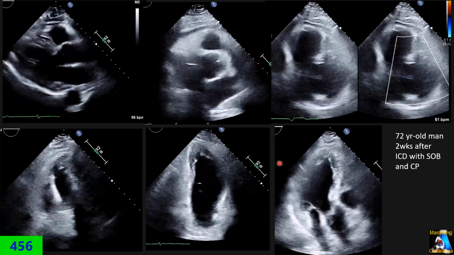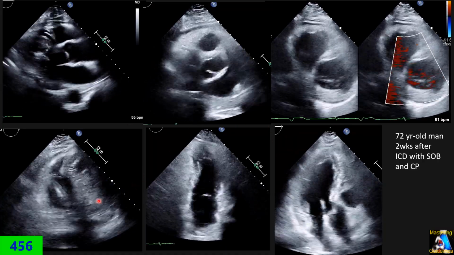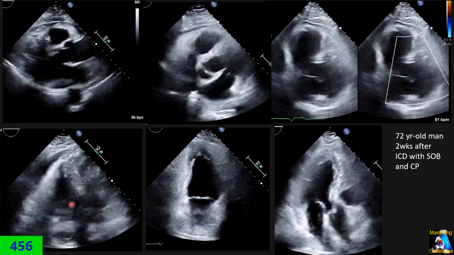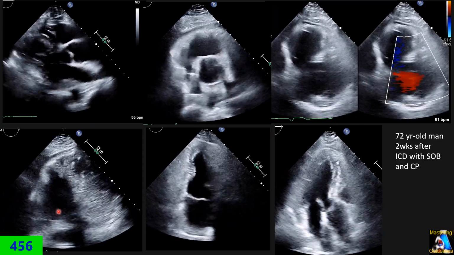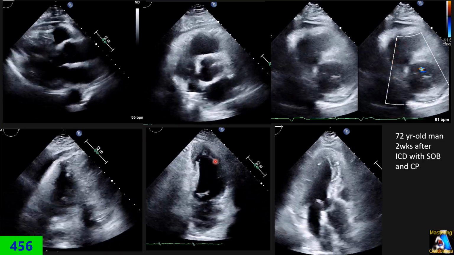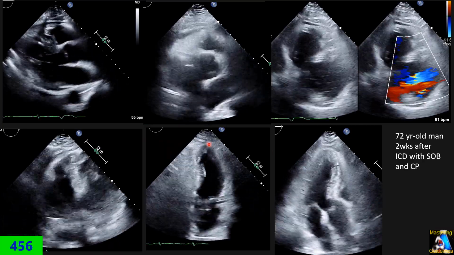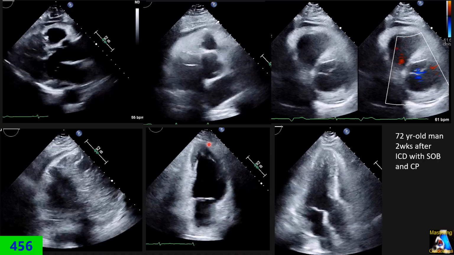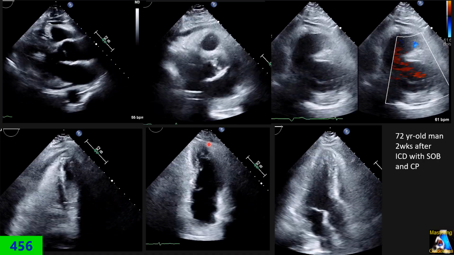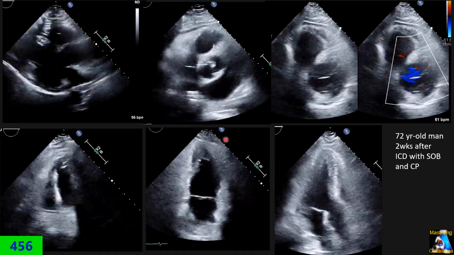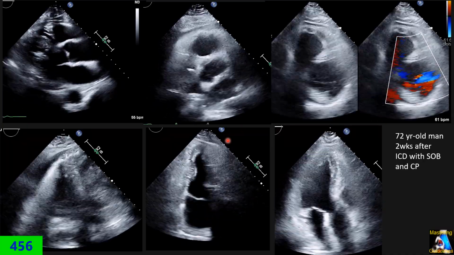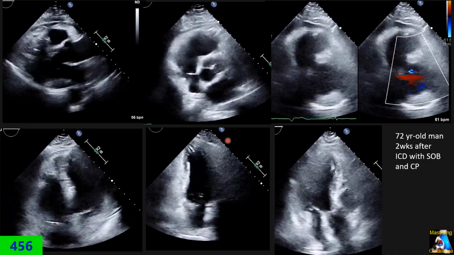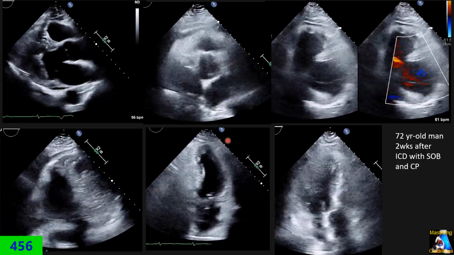Here we can see the clips related to this study. Here we can see the lead of the ICD, and besides those, other views and studies that we do in a regular echocardiography, like valvular motion and everything.